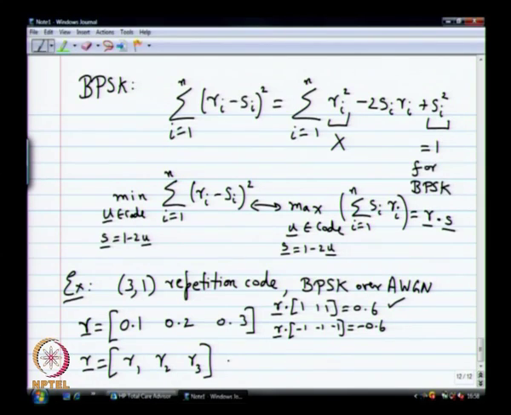So what is the condition that m is 0? m is 0 if r1 plus r2 plus r3 is greater than minus r1 minus r2 minus r3. Now you can bring this to this side and you will get 2 times r1 plus r2 plus r3, and 2 is clearly positive, so you can throw it out. So this becomes equivalent to simply r1 plus r2 plus r3 greater than 0.